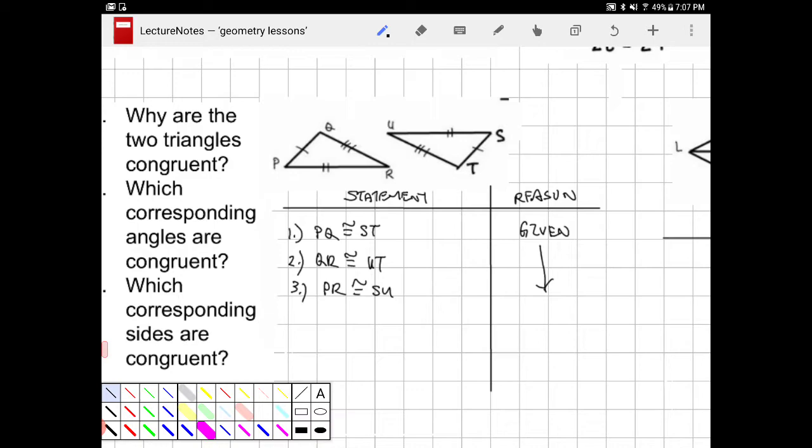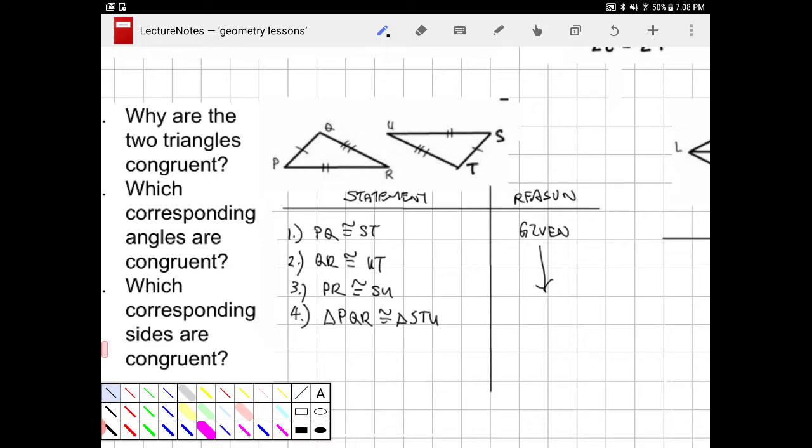All right, so now let's take a look. The two triangles, these are the three sides that correspond. So immediately I can use the very first fact that I gave you in this lesson, which is SSS. It is important that how you name the triangle, for example PQR, the triangle on the left, all the letters must correspondingly line up with the other triangle that I'm calling congruent. So it's going to be triangle STU.